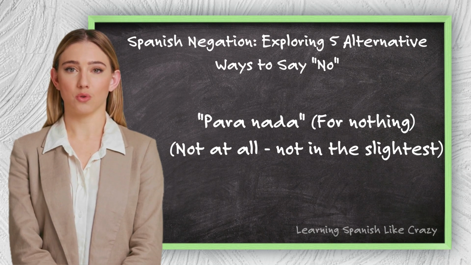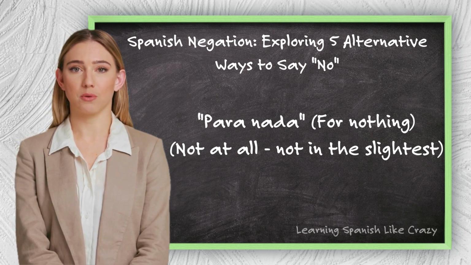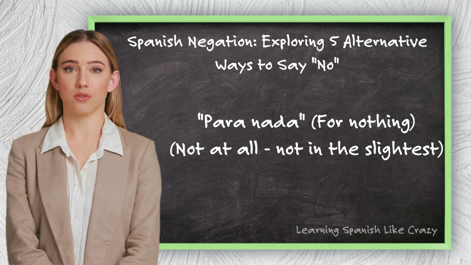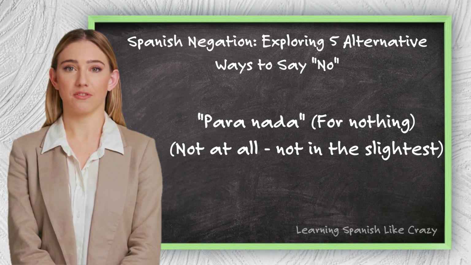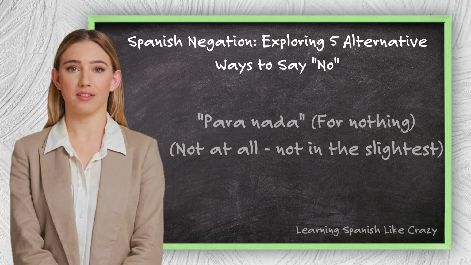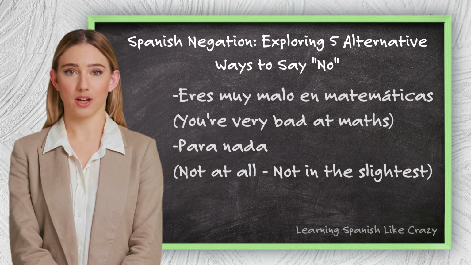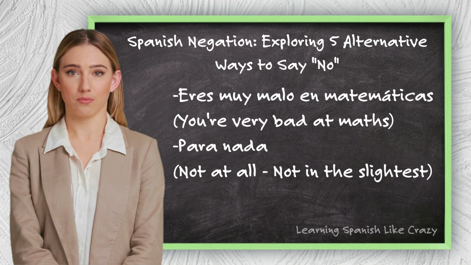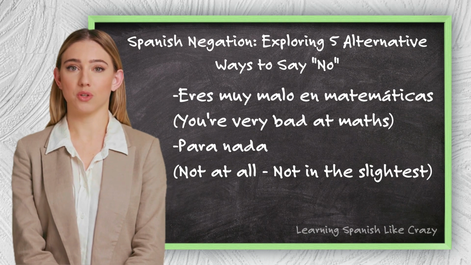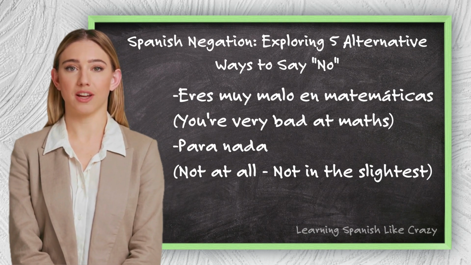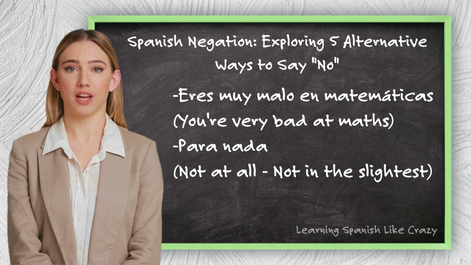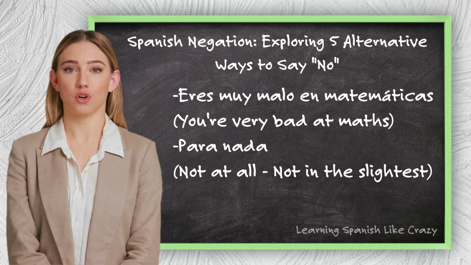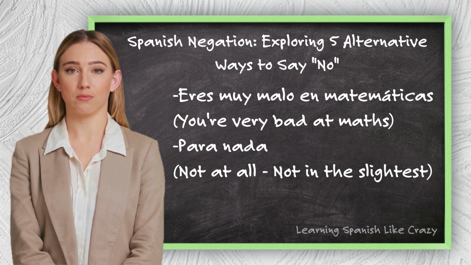This phrase allows you to express your complete disagreement or to emphasize that something is far from the truth. For example, if someone says you're very bad at math, as in, Eres muy malo en matemáticas. and you strongly disagree, you can respond with, Para nada. This phrase enables you to counter a statement and assert your own perspective with conviction.